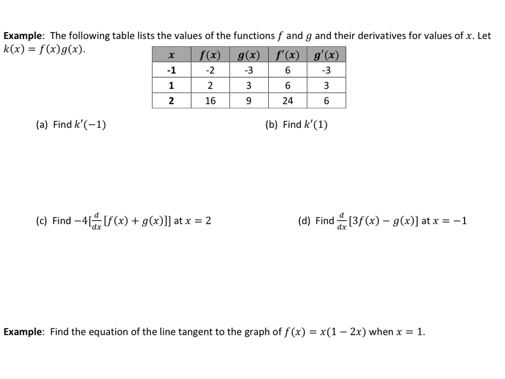The first problem here says to find k prime of negative 1. Well, k, if you look, is f of x times g of x. So it is the product of f times g, which means we can use the product rule to figure out what this is equal to.